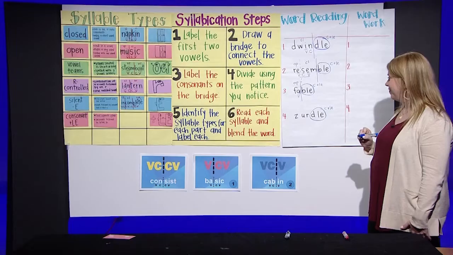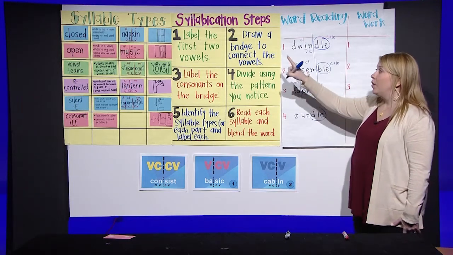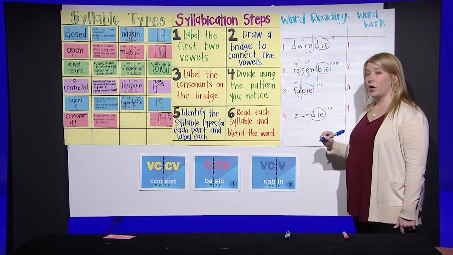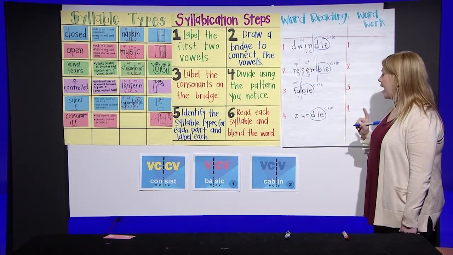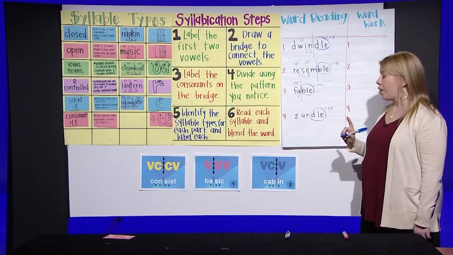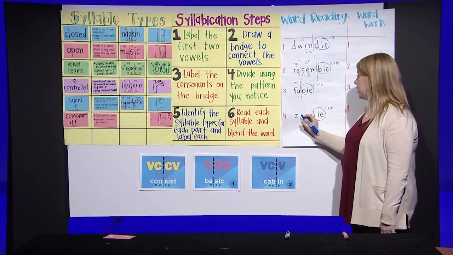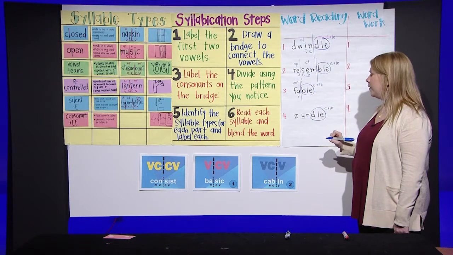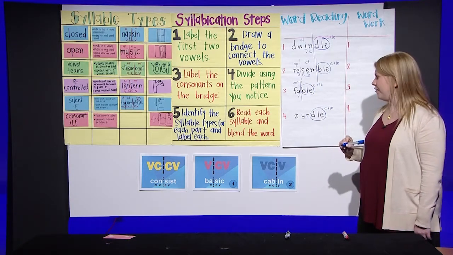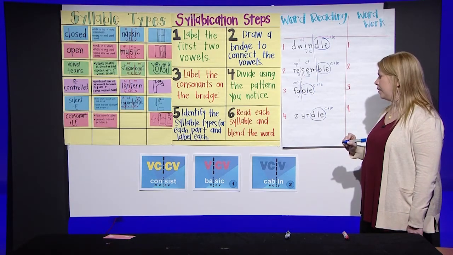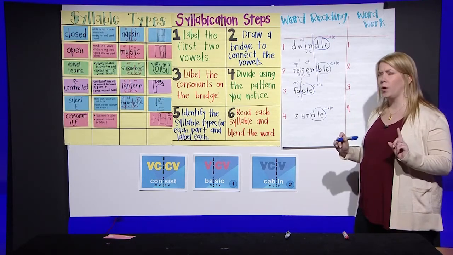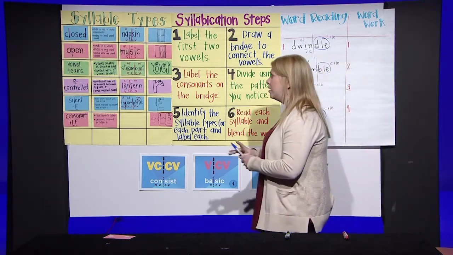Good job. Now again, the next thing we would normally do is identify the first two vowels. But I only see one that's not already circled. So let's identify our U. What do you notice that's after the U? An R. I know that's important. Let's look back at our anchor chart.